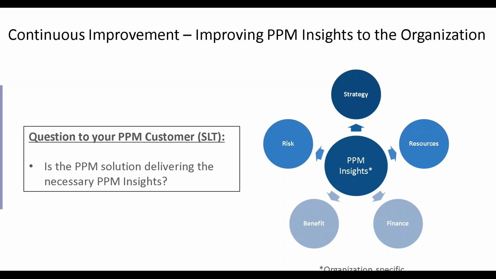A lot of it also has to do with adoption internally, which is another change that you could be implementing. Maybe it's more training. But the idea is that if your main customer, being senior leadership, is not satisfied with the insights you're getting, then you have a compelling reason for improving and changing your solution.